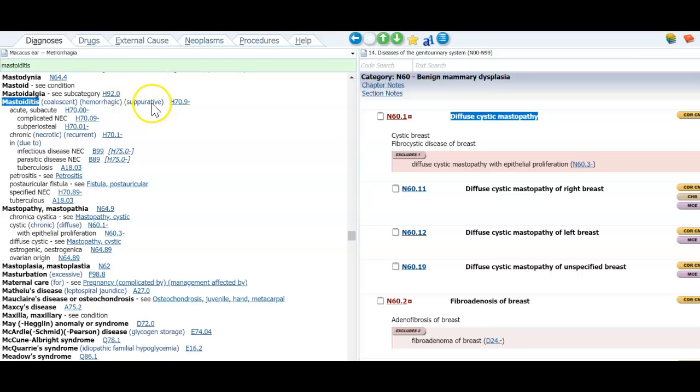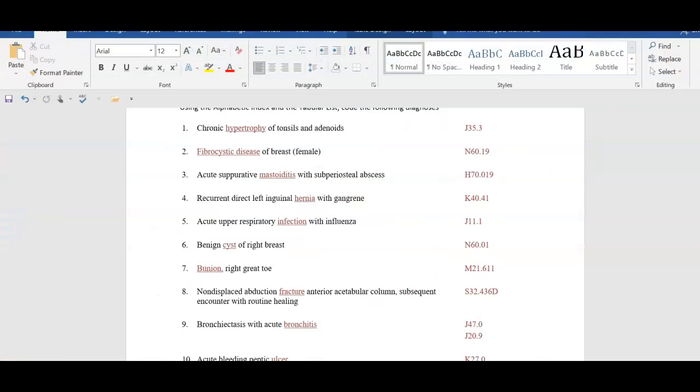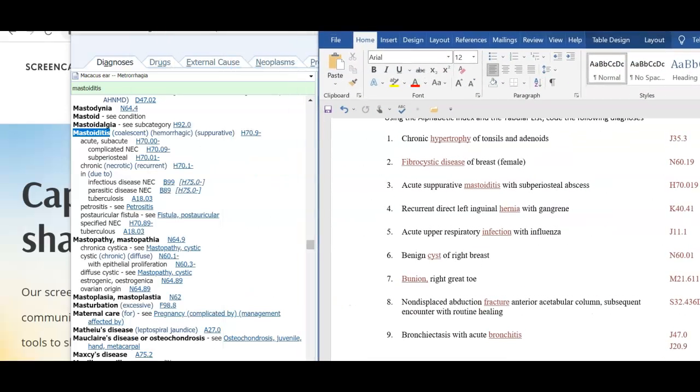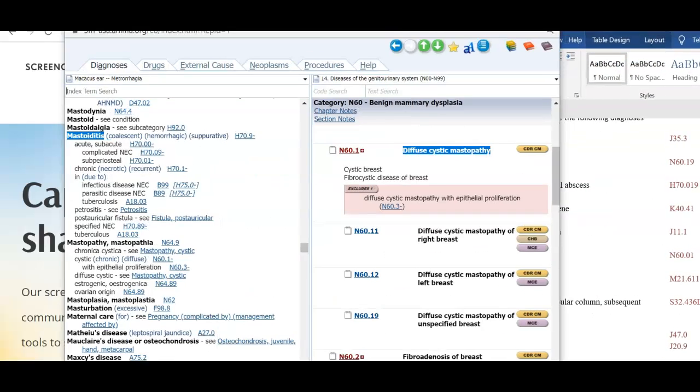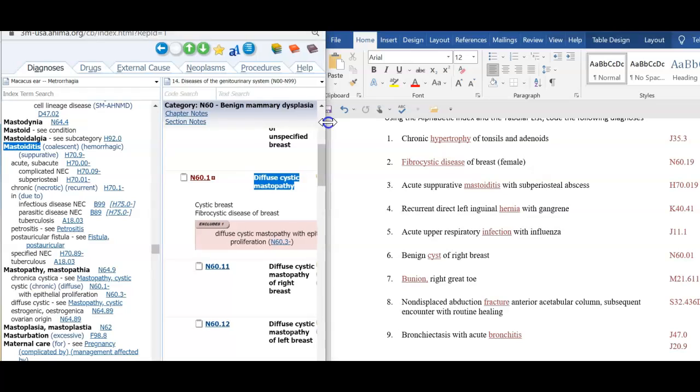Suppurative is in parentheses right behind it. Let me just make this a little bit smaller because I like to have them both side by side so I know what I'm looking up. Okay, so we're covering the suppurative.